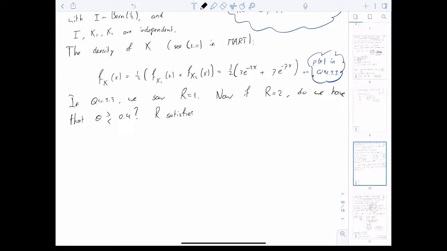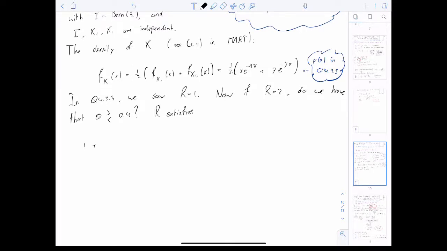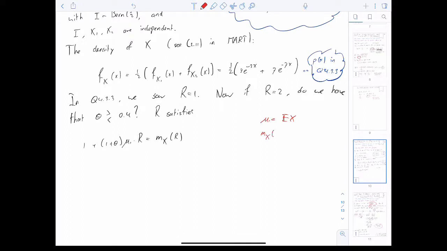Let's call it the R equation, the adjustment coefficient equation, which states that 1 plus theta times mu1 times R is equal to M_X(R), where mu1 is the expectation of the claim, so the expectation of X, and M_X(t) is the moment generating function of X. We also derived it in question 4.3.3, and it's given by a mixture of exponential moment generating functions with parameters 3 and 7.